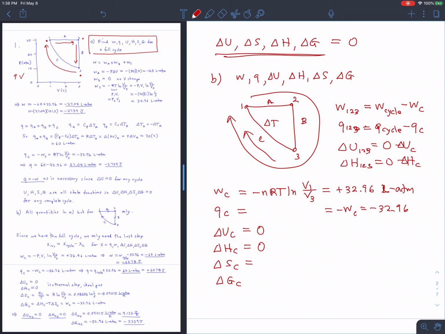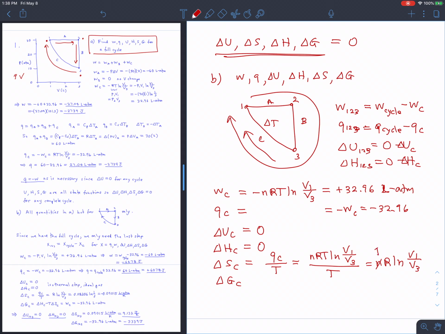Delta S is equal to the heat change for that step divided by T. Again, it's a constant T process, and so that would be nRT log V1 over V3, over T, so that's just nR log V1 over V3.